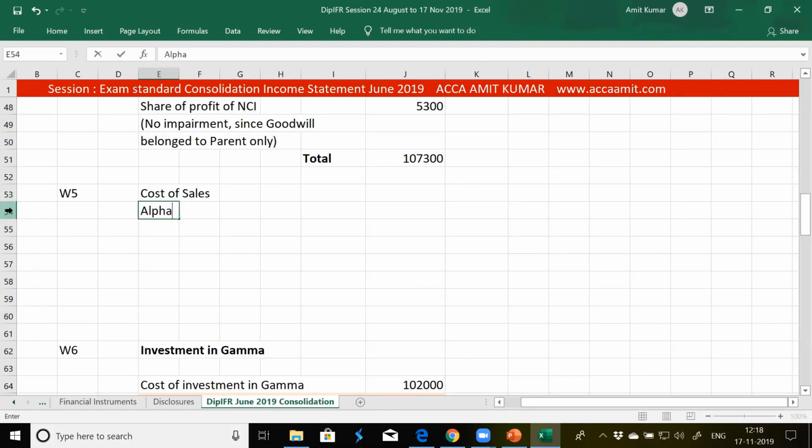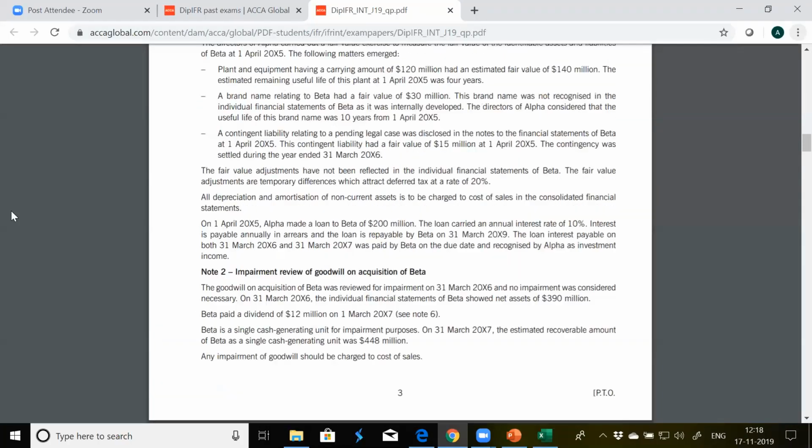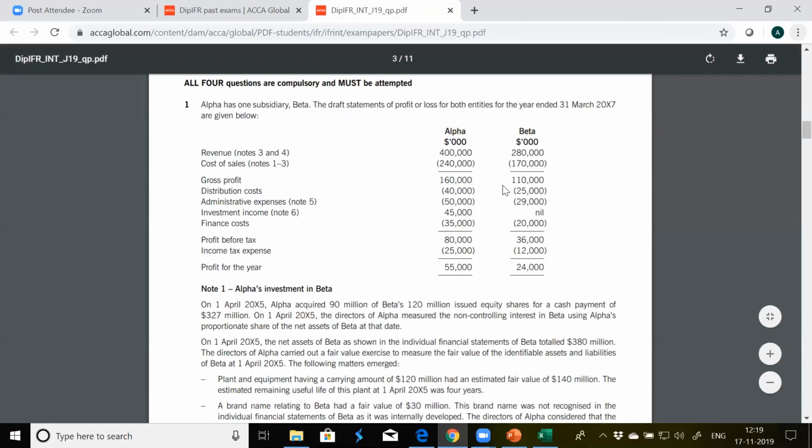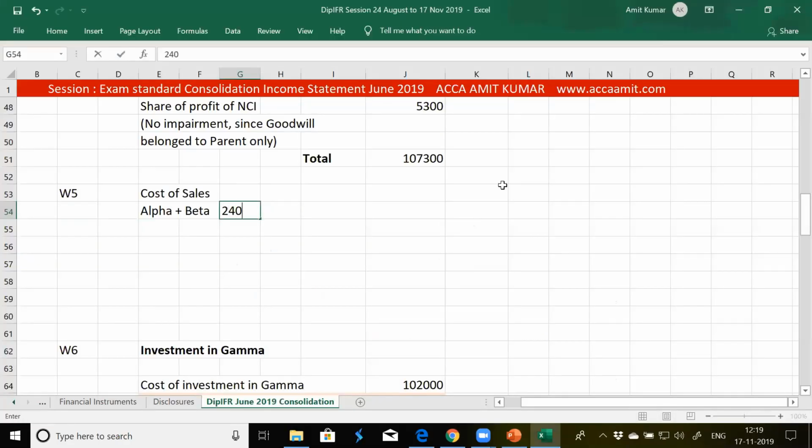Cost of sales, Alpha plus Beta, this is free marks. It is given to us as 240,000 plus 170,000. We need to charge depreciation for plant and amortization for brand.